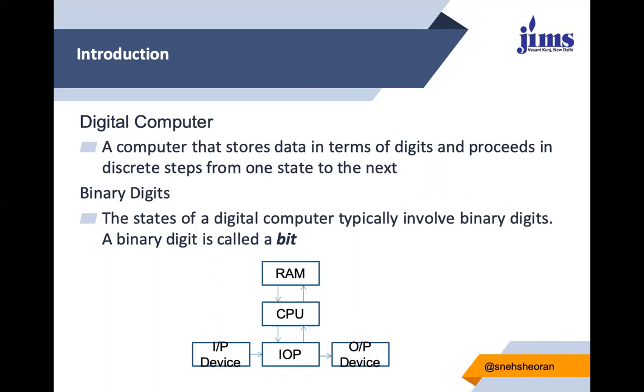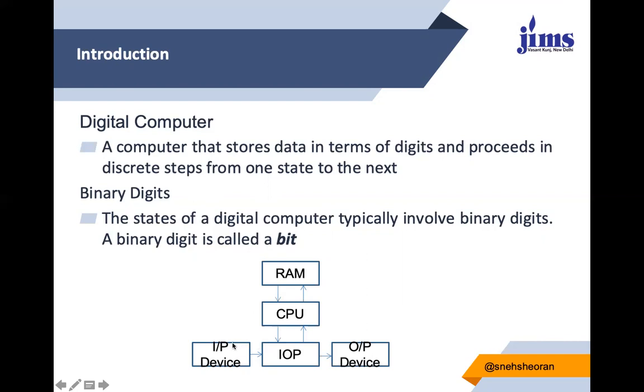Talking about the components of a computer, they are broadly divided into three major parts. One is your CPU, the central processing unit, which is the heart of your computer system. Then you have your memory, generally called RAM, the random access memory. Memory also has various hierarchical levels: primary memory, secondary memory, cache memory, RAM, and so on. The third component is your I/O devices, which are controlled by an I/O processor.